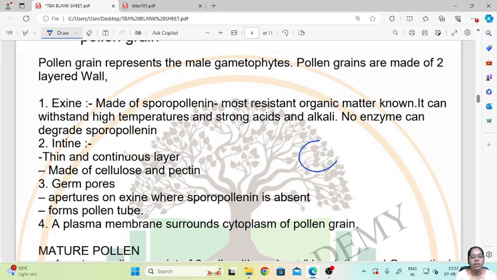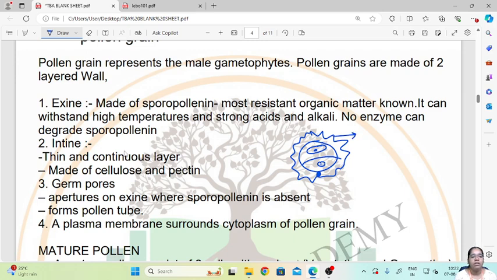So a pollen grain consists of an inner layer, then the outer layer. There will be a germ pore, and there are two nuclei, a larger nucleus and a smaller nucleus. Okay, so this is how the structure of the pollen grain is.